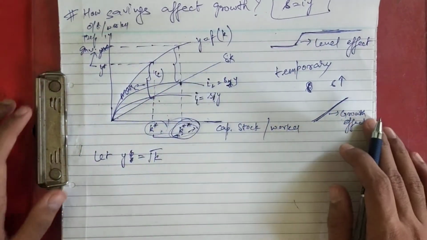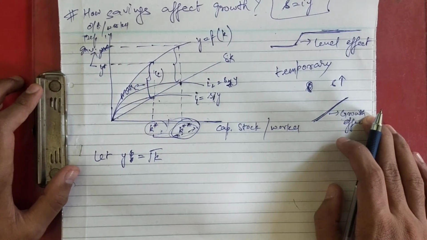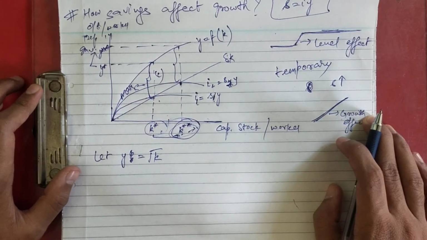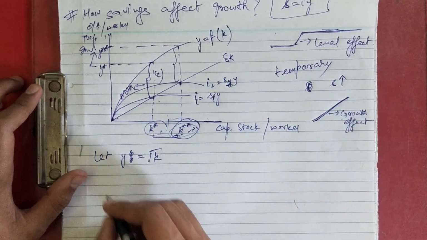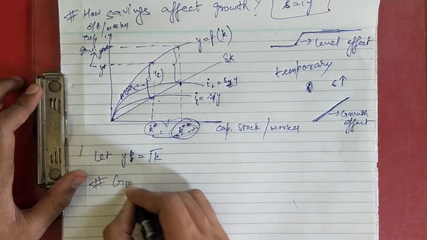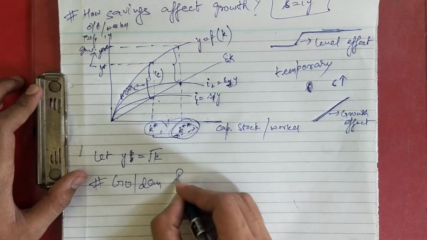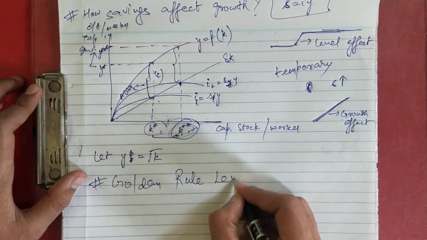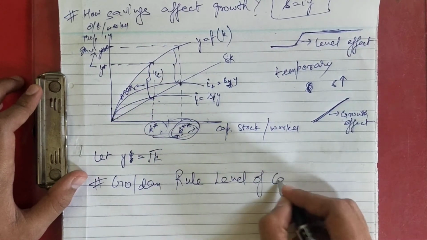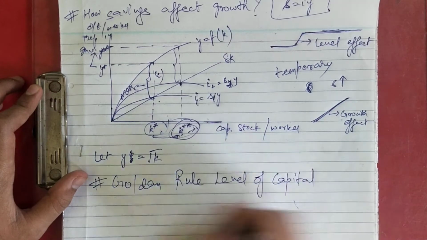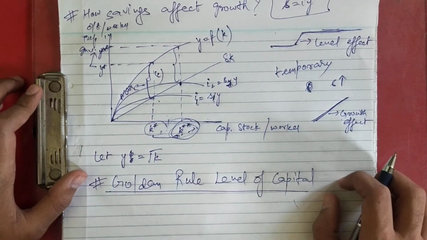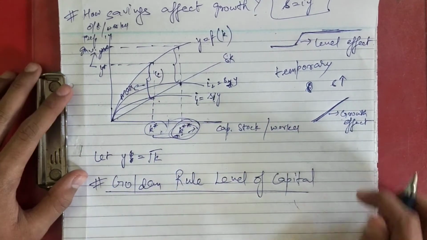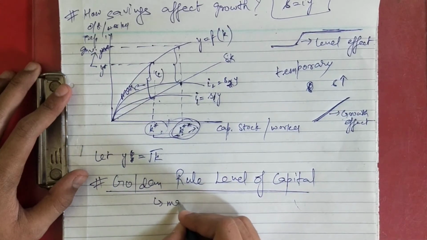So the steady state level where consumption per worker is maximum is called the golden rule level of capital, where you maximize small c, consumption per worker.